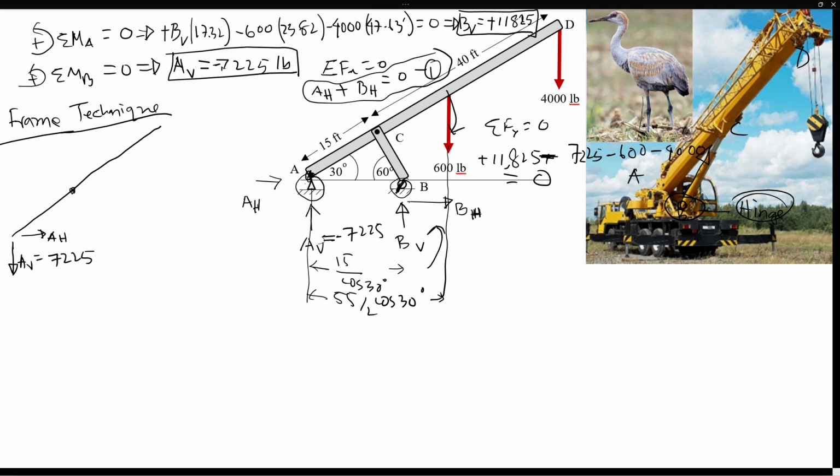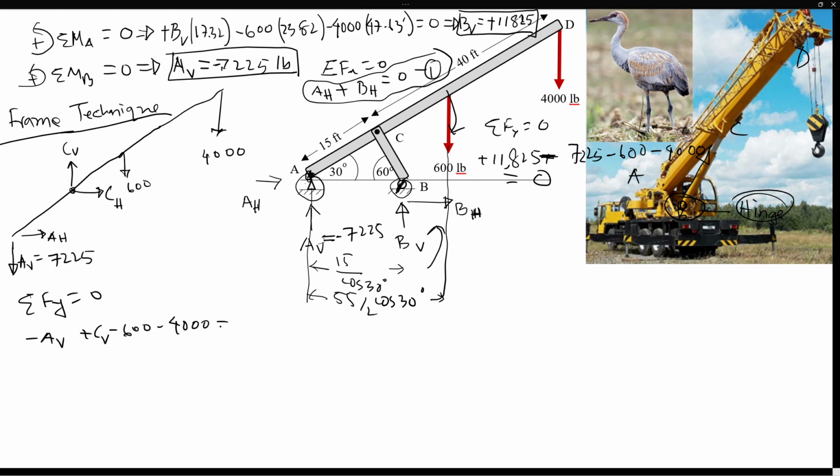Now at C, we also have two reactions, horizontal and vertical. In the middle, the 600 is acting, and then 4,000 acting right there. So now we can do summation of Fy equal to 0. That will be minus AV, plus CV, minus 600, minus 4,000, everything sums to 0.